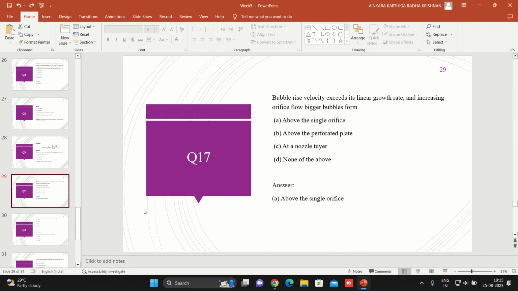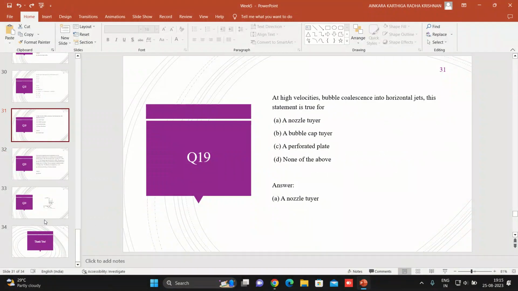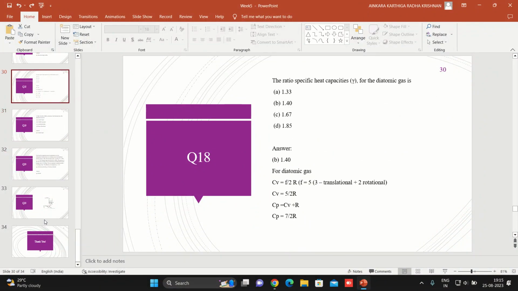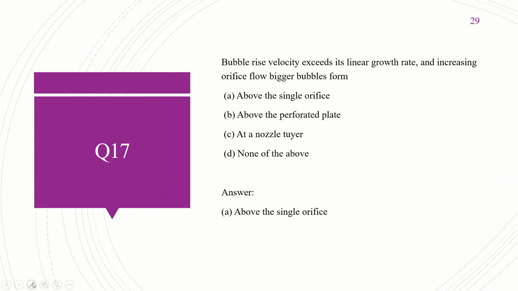Okay, we will see question 17. One more problem is there actually. In question 17, it is asked that when bubble rise velocity exceeds its linear growth rate and increasing orifice flow, bigger bubbles form.